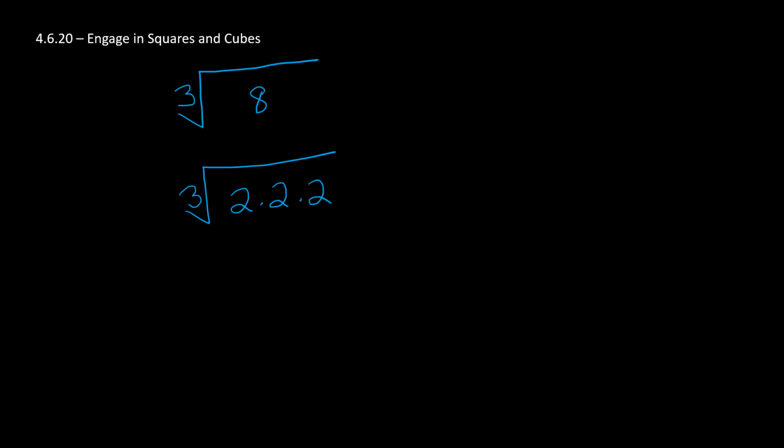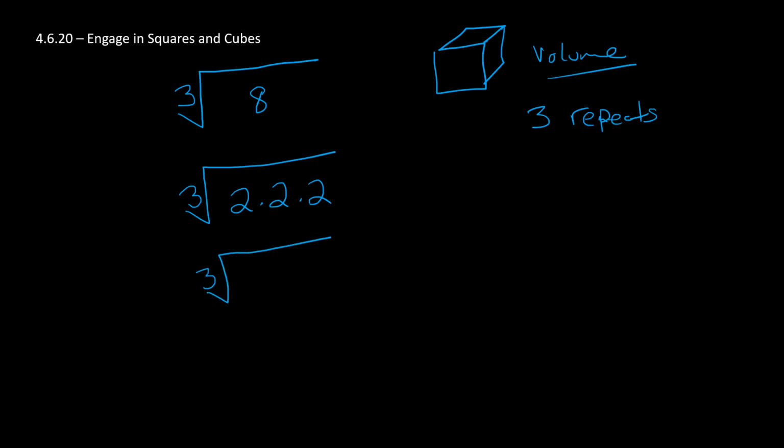Remember, when we're discussing cube roots, we're looking at a cube, and more importantly, at volume. So we need 3 repeats. Well, 2 times 2 we know is 4, times 2 is 8. That works. So we've got the cube root of 2 cubed.